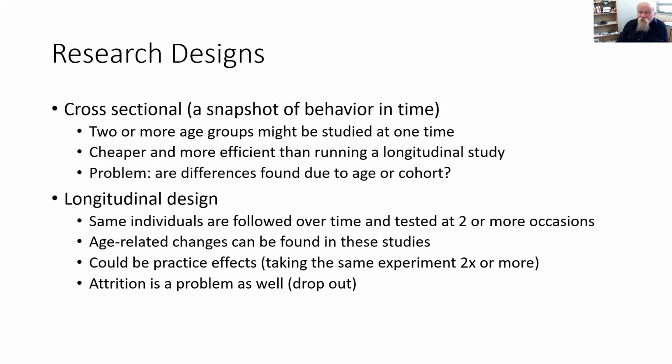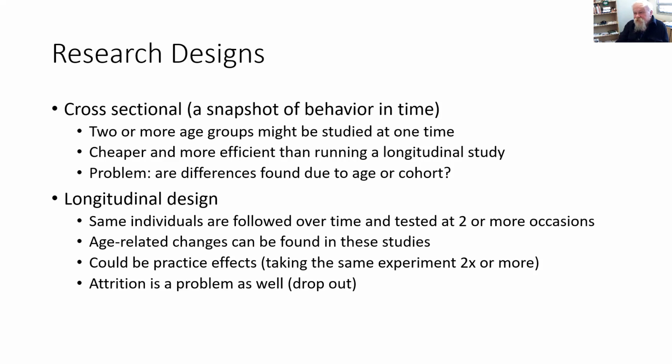One is called the cross-sectional design, and you see a lot of these in the literature that talk about behavior at one point in time. It's like taking a snapshot or a picture of a person's behavior at one time. A cross section, you can think of cutting a watermelon in the middle, and that's the only thing you'll see, just what's happening right now.